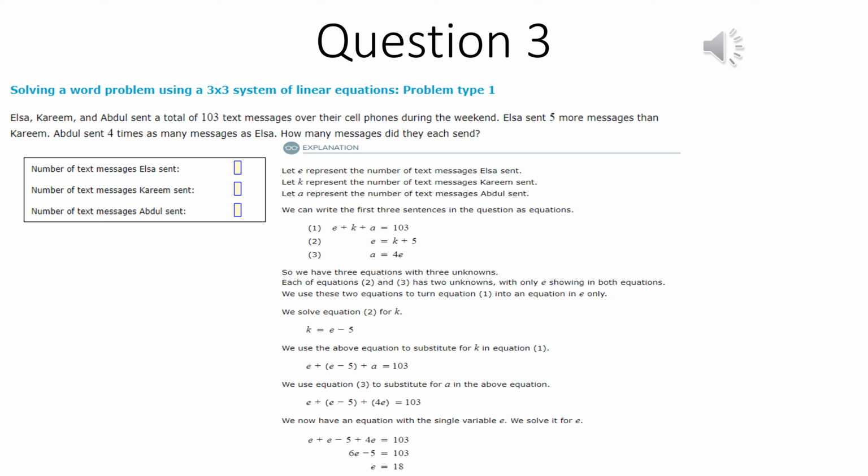The third variable is already isolated: A is equal to 4E. Plugging everything into the first equation to get one new equation that contains only one variable, in this case E: E plus K, but K is equal to E minus 5, and A is equal to 4E. Now finally, combining like terms and dividing by 6, in this case E is 18.